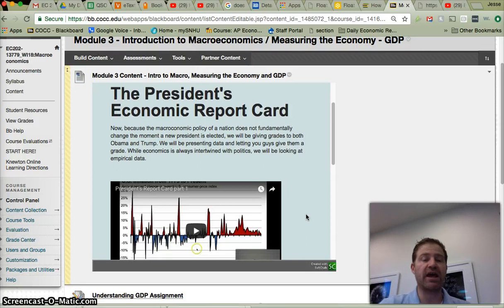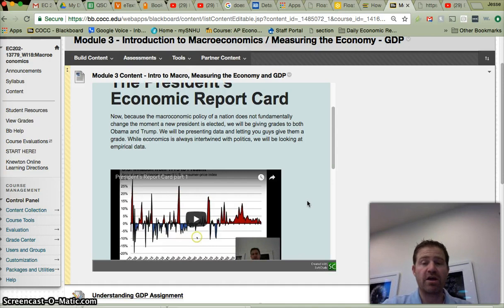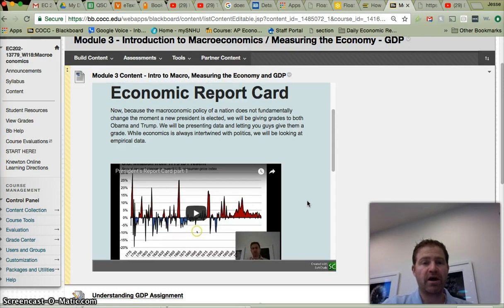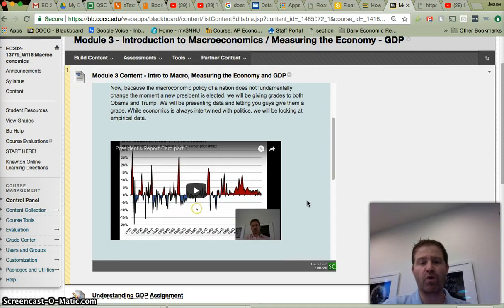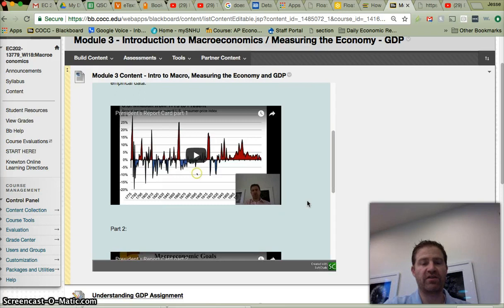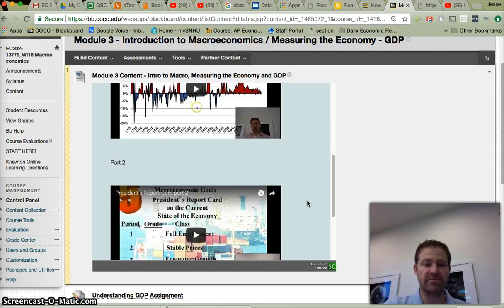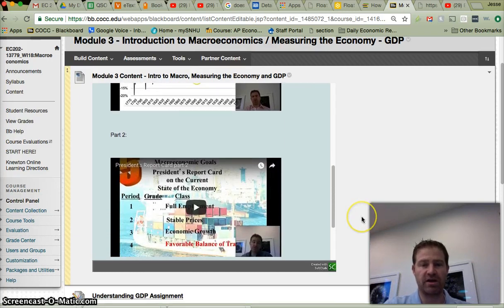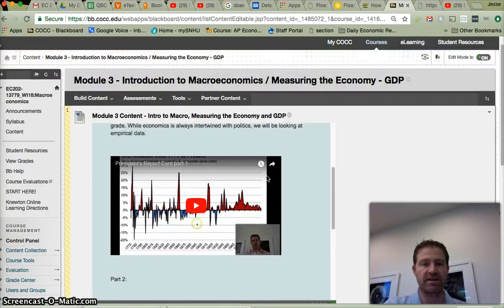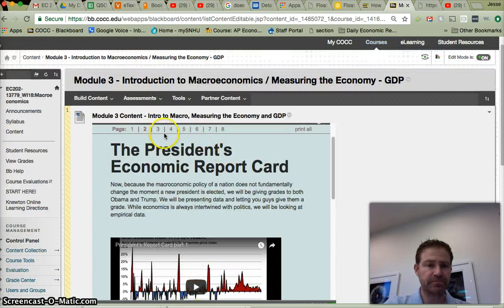And we're going to judge actually both Obama and Trump on basically the goals of any economy from the president's perspective. And so I think you'll find that really interesting. And that comes in two parts because it's a pretty long lecture when we do it in class. But I think you'll find it fun.